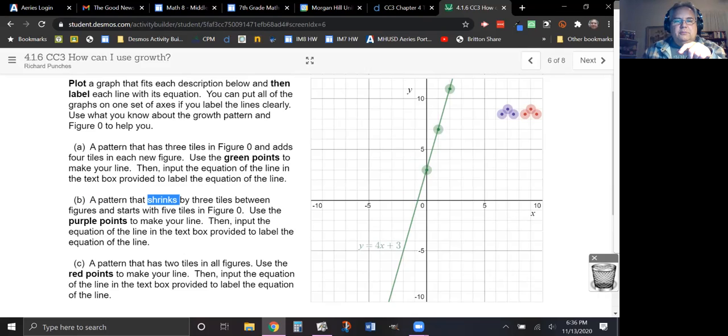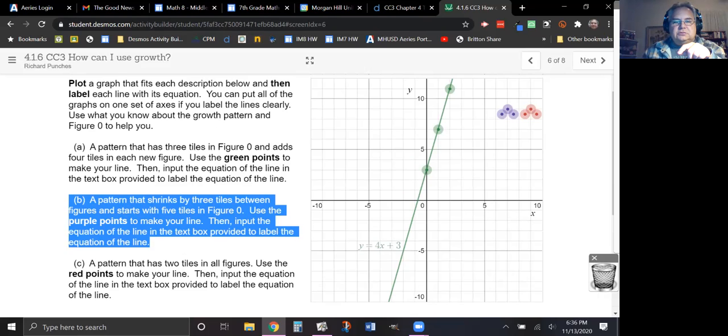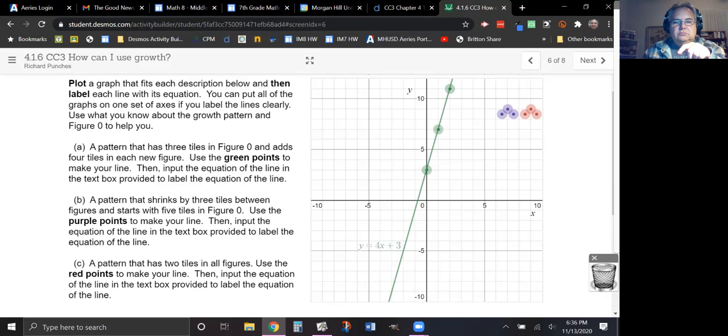Next problem, B, a pattern that shrinks. It's shrinking by 3 tiles between figures, and it starts with 5 in figure 0. Use the purple points. All right, that's easy. Start at 5 and shrink by 3. 1, 2, 3, move over 1, advance a figure. 1, 2, 3, advance a figure, right there.